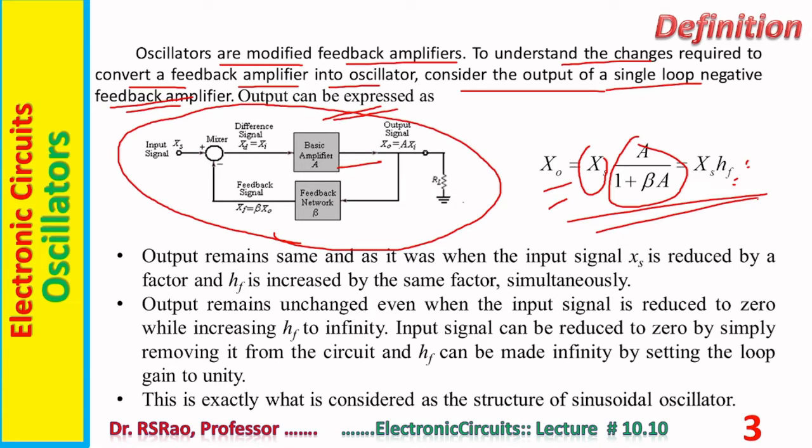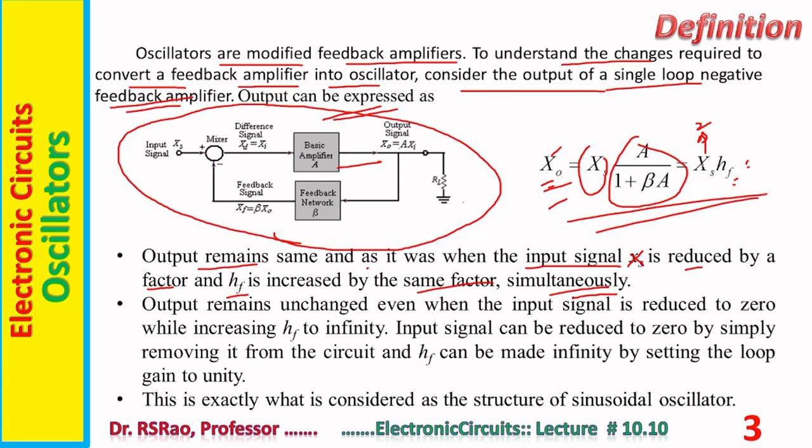With this expression, one can make certain observations. Output X0 remains the same as it was when the input signal Xs is reduced by a factor and HF is increased by the same factor simultaneously. What he is trying to tell is, when Xs is made 2 times its previous value, and HF is decreased to half of its previous value, then X0 remains the same.